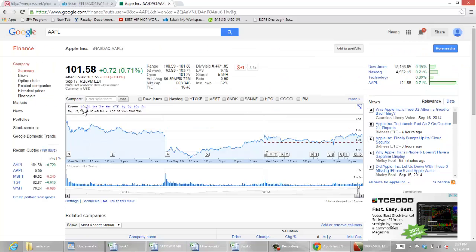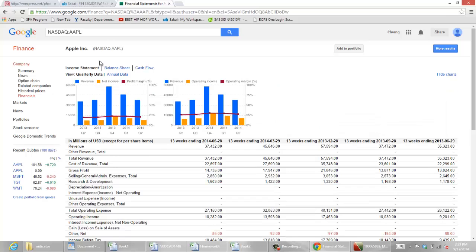Okay, so to get the financial statement, you can go here on the left panel. You see the historical price and financial. So here, click on financial. You see that there are a few things you can get. One is the income statement.